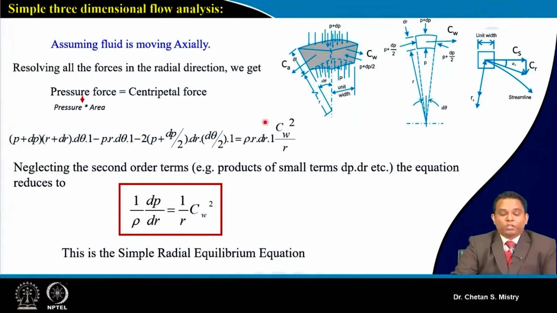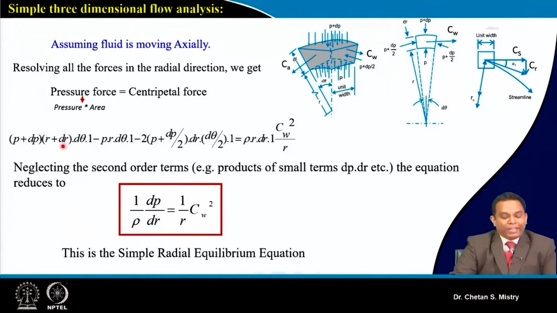Same way, on both sides we can write 2 times P plus dP by 2 into this expression, and that will be balanced by my centripetal force. That centripetal force we write as m omega square r, or in this case m into Cw square by r, because my whirl component is responsible for that centripetal action.